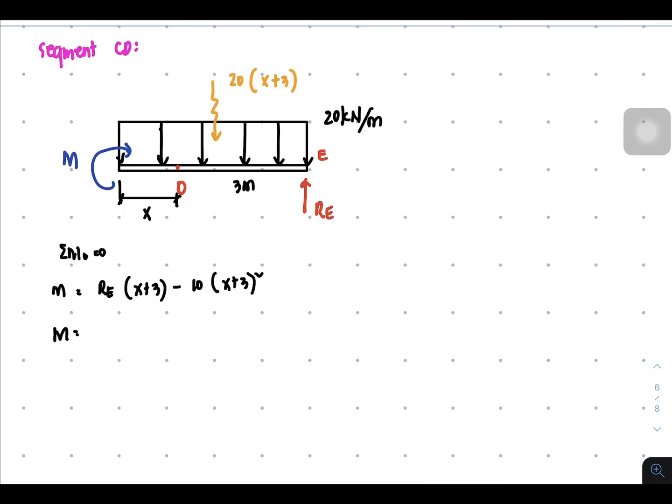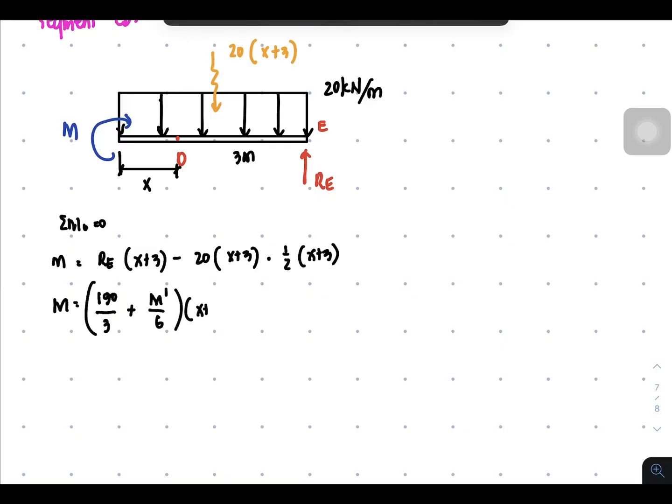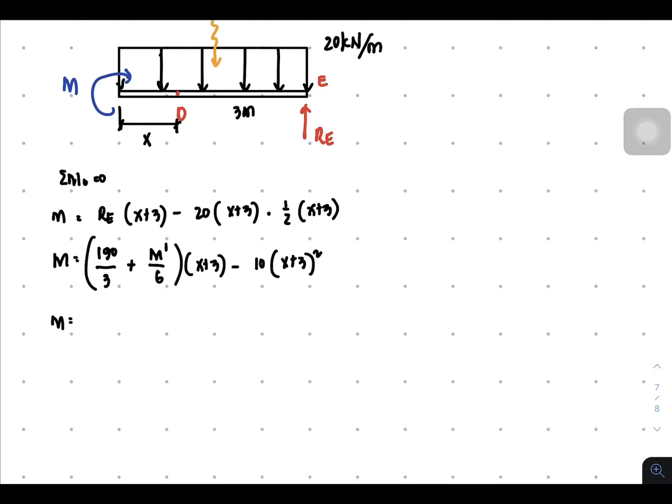It's going to be 20 times x plus 3 times 1/2 of x plus 3. And then RE is 190 over 3 plus m prime over 6 times x plus 3 minus 10 times x plus 3 square.